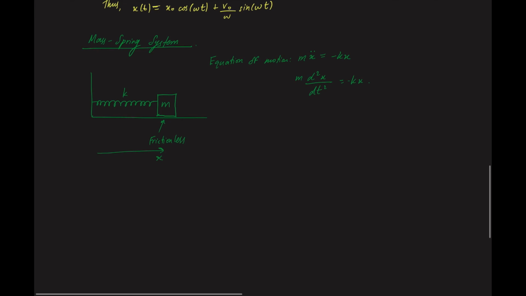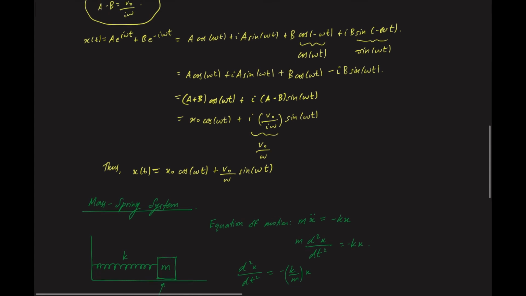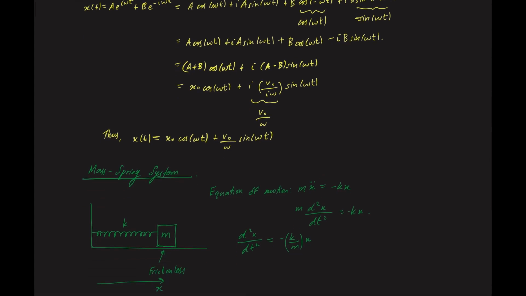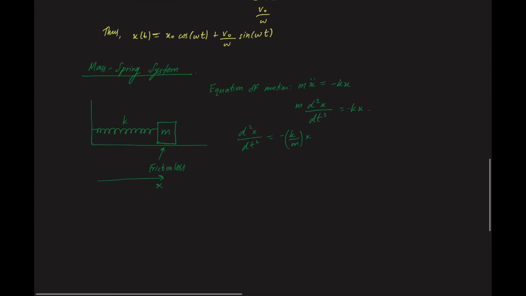Okay, now we can rearrange this equation by dividing both sides by the mass m to get x double dot as negative k over m times x. Now notice the similarity between this equation and the simple harmonic motion equation.